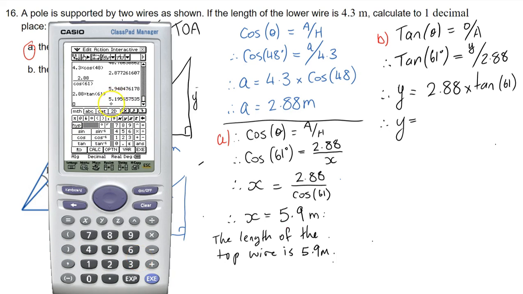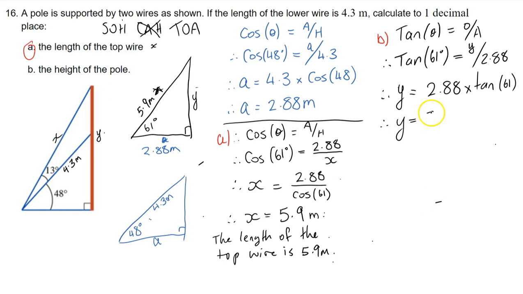To one decimal place is 5.2. So the height of the pole is 5.2 meters.